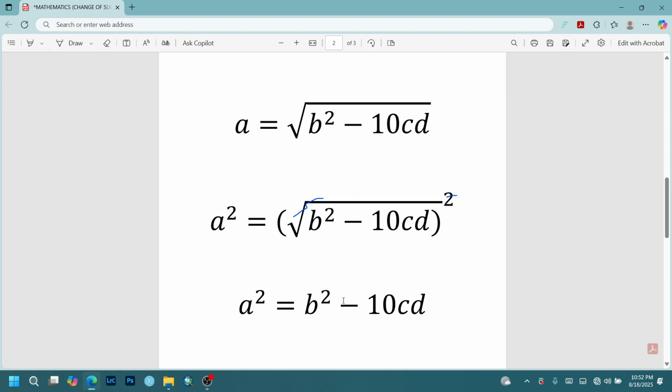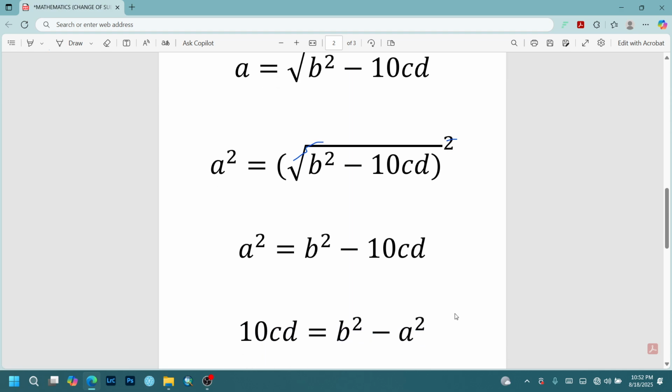Here, the variable we are working with is negative 10CD, so when it crosses the equal to sign, it will change its form to become positive 10CD.